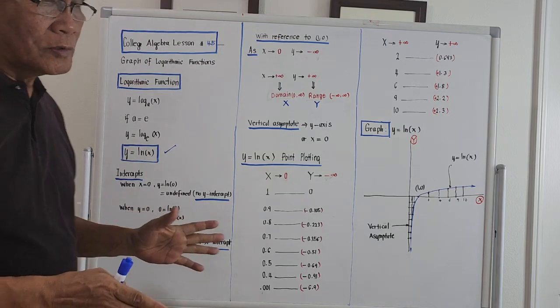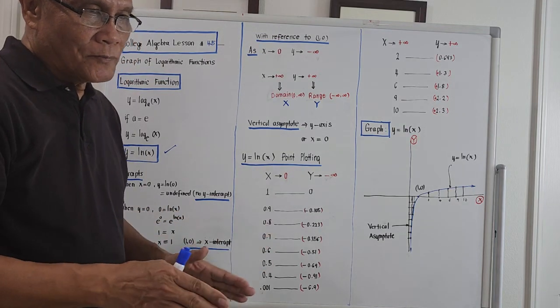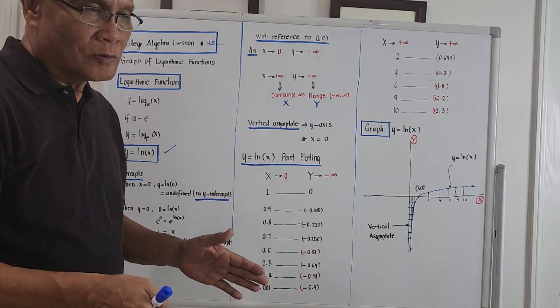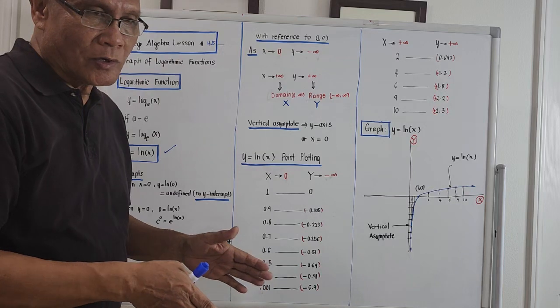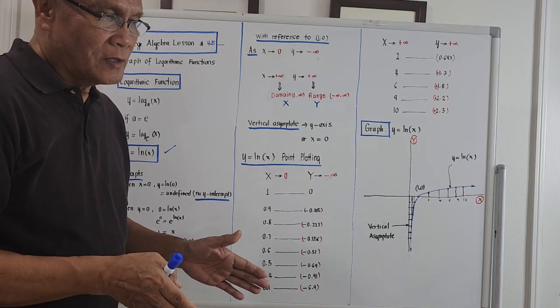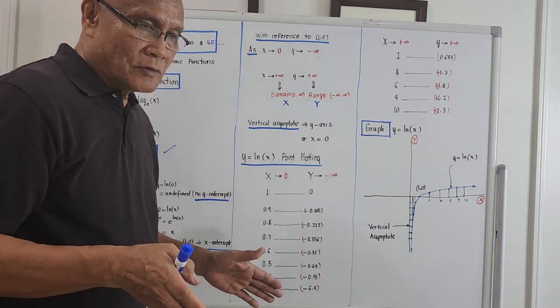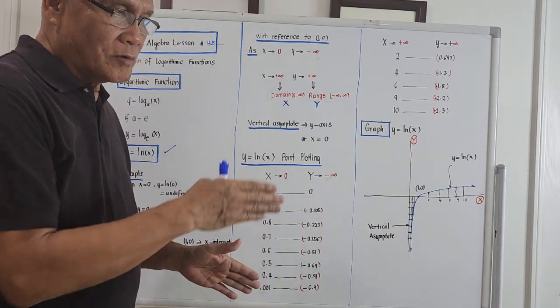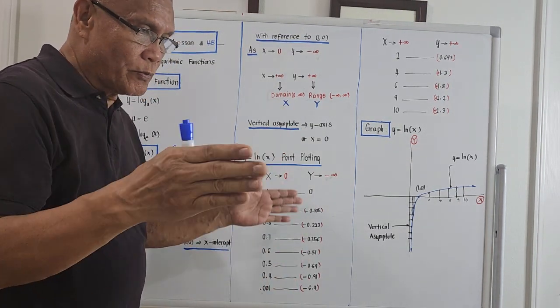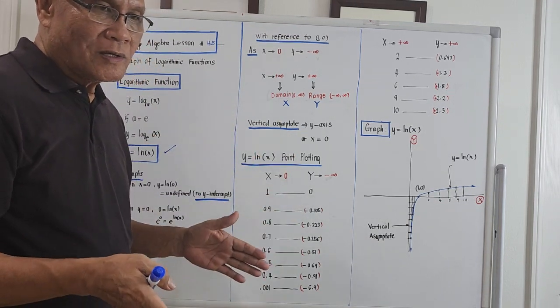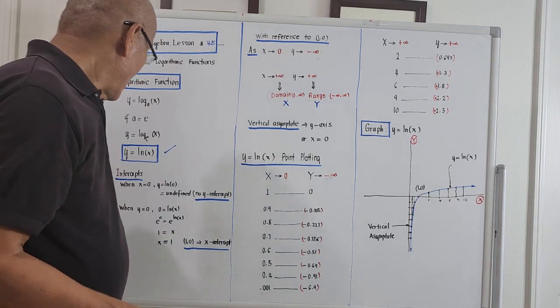For those people who are taking up electrical engineering, you will not be hard up in the graphing of natural logarithm functions, like in the calculation of sag of transmission lines or the San Francisco Bridge, something like that. We will be using the natural logarithm function. Okay, let's proceed.